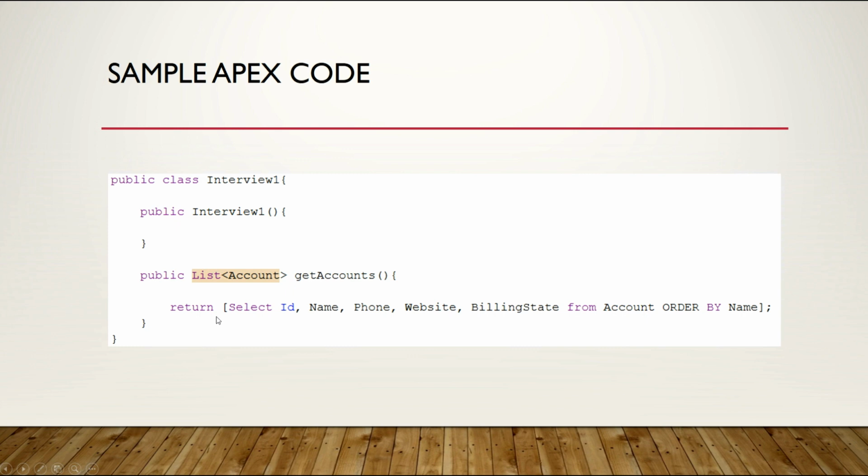Now, one of the key differences between this Apex class and Java when it comes to looking up information within the database is that it's pretty simple to use an SQL query right here in between these two square brackets.